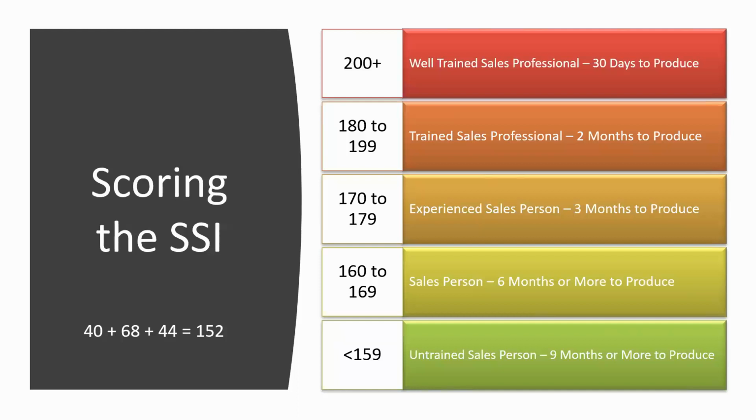Now, someone with 180 to 199, they're a trained sales professional. They've sold before. They just really need to understand what gaps they may have. Trained sales professional, it's going to take them 30 days. They just need to understand what it is that they're being asked to sell, and what your sales process looks like.